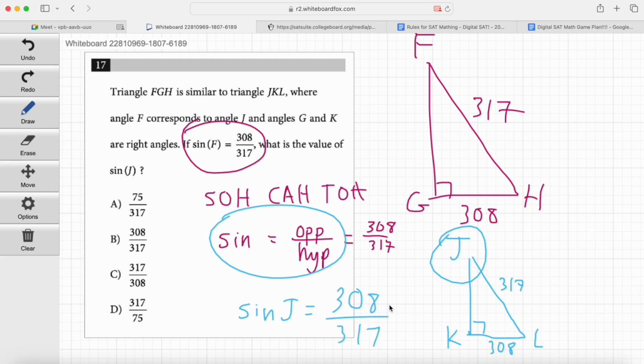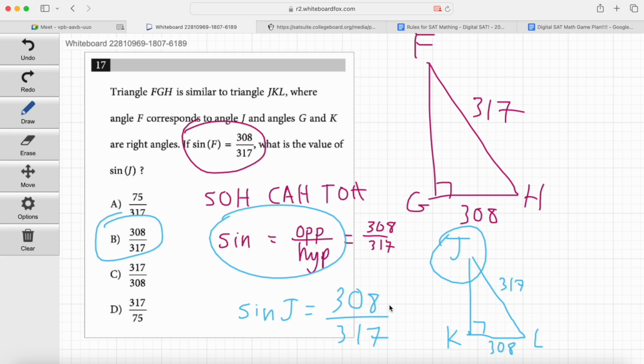What's the right answer? 0.971. Well, look at the answer choices, because they give us the answer choices in fractions. Is it just B? It's B. Absolutely. Does that make sense? That's not too bad.